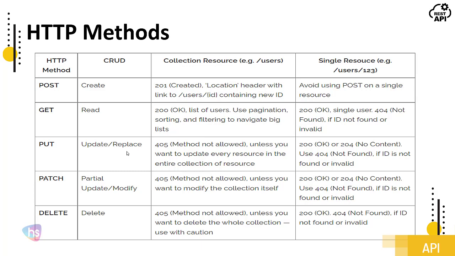Or if there are any unfilled columns, we can use the PUT method for updating or modifying the record. So 405 method not allowed, unless you want to update every resource in the entire collection. If you wish to update a particular record, you will see either 200 OK or 204 for no content.